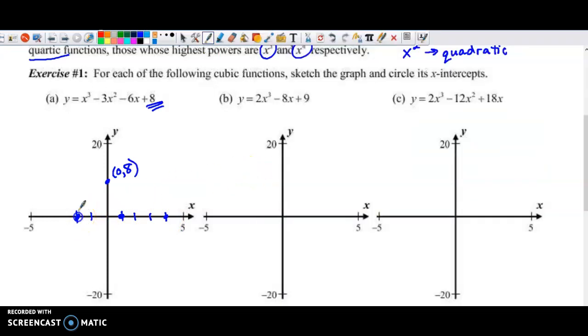And you could confirm that these are correct by plugging in -2 for all those x's, plugging in 1 for all those x's, and plugging 4 in for all those x's, and see where they cross. We could also play around with the table feature of our graphing calculator.